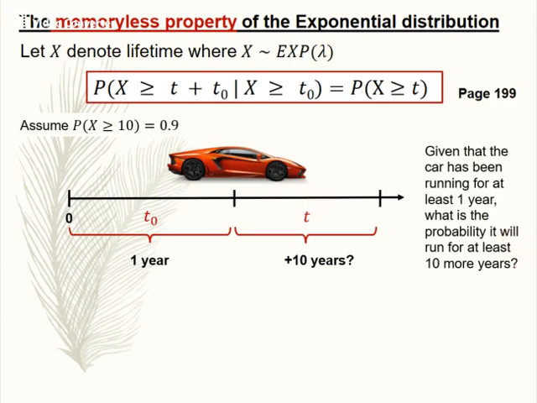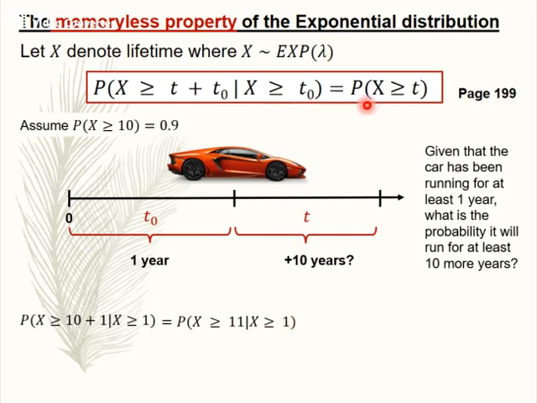So let's look at how this would then be applied. We're saying here that given that my car survived 1 year, what's the probability of it surviving 10 plus 1? In place of t0, I've put 1, and in place of t, I've put 10. So you could have also written it this way: given that my car has been running for at least 1 year, what's the probability of it running for at least 11 years? That's an additional 10 years on that 1 year.